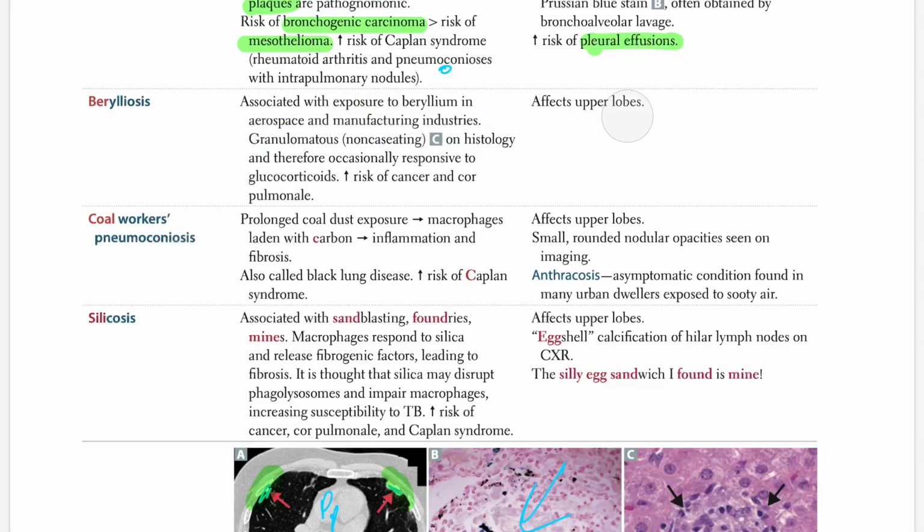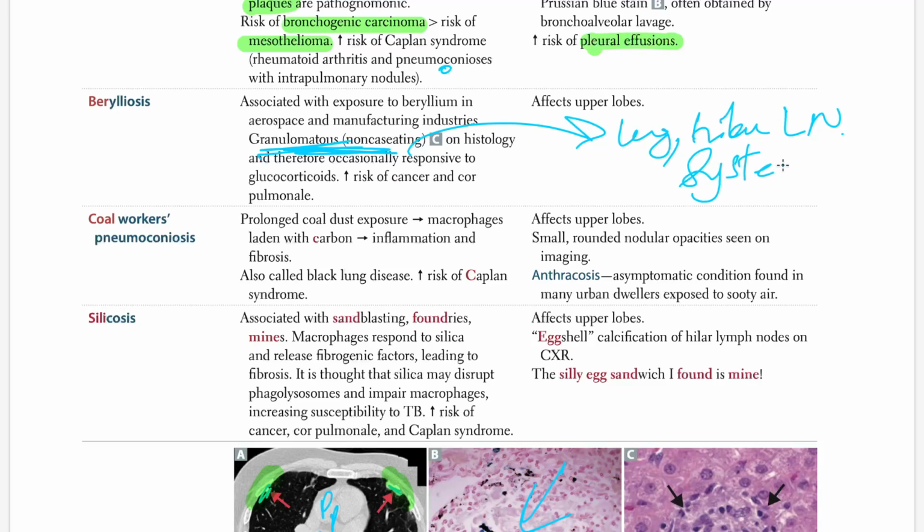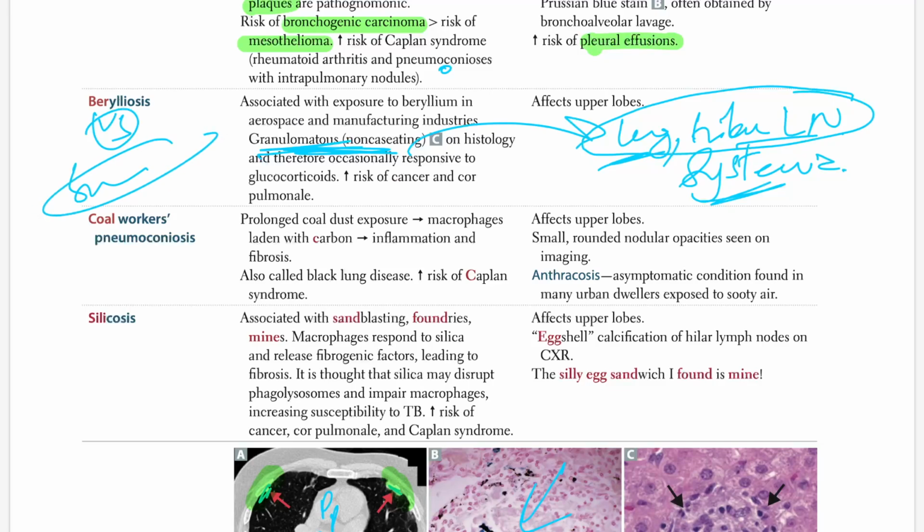One more thing: this granuloma will not only be in the lungs, but also in the hilar lymph nodes, and systemic organs will also be involved. With hilar lymph nodes in the lungs, you think of sarcoidosis or even tuberculosis to that extent.